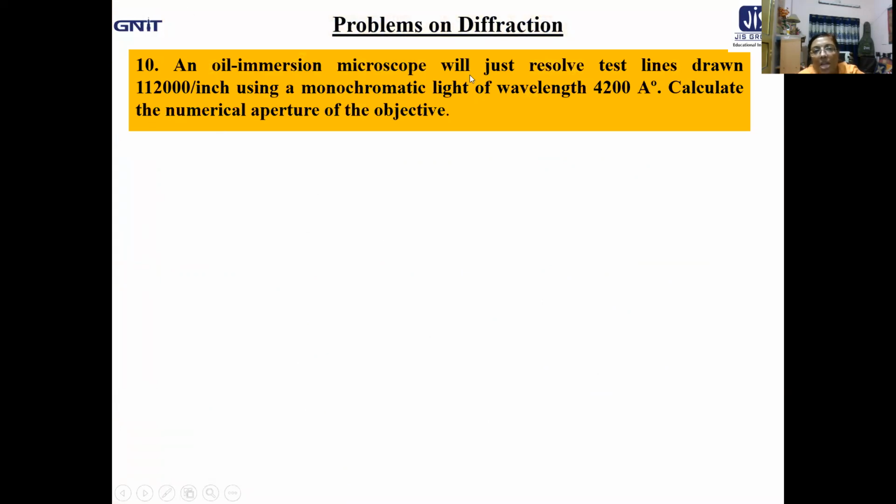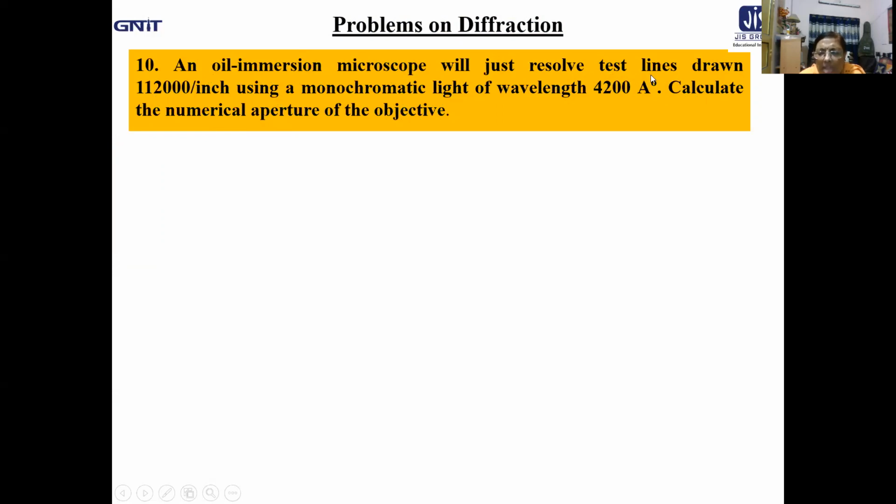An oil immersion microscope will just resolve two lines drawn 1,12,000 per inch using a monochromatic light of wavelength 4200 angstrom. Calculate the numerical aperture of the objective. Look at the language. An oil immersion microscope will just resolve test lines.